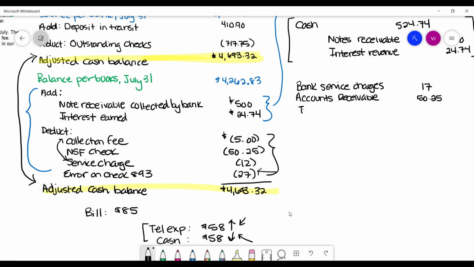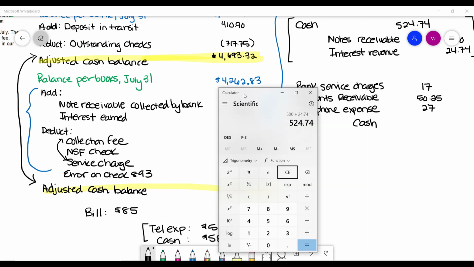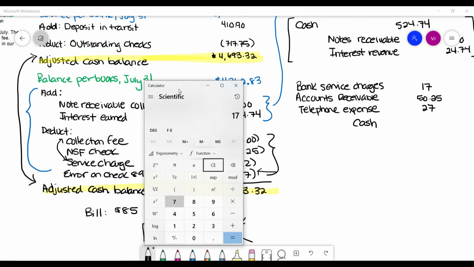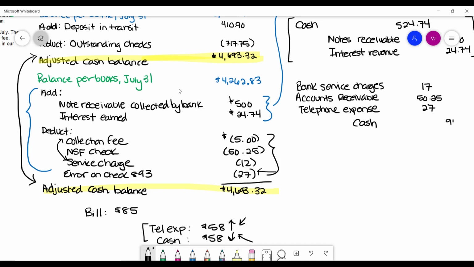So we'll further debit telephone expense, but just for the amount that we forgot to add in. And then now we're going to credit cash for all of these deductions. So we're just doing all of these three entries as one. So let's take 17 plus 15, 50, 25 plus 27. So we're going to overall credit cash for $94.25.